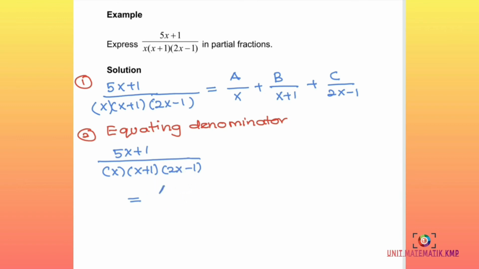So A needs to multiply with (x + 1) and (2x - 1). Plus B, where we have only x + 1 here, so the other two factors we need to multiply with B. And C we need to multiply with x and (x + 1).